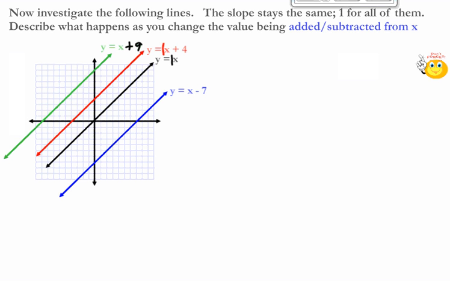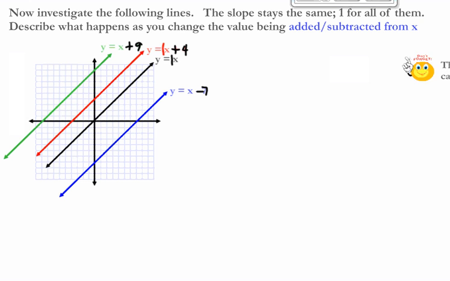I'm adding 9, then I'm adding 4, then I'm subtracting 7. Describe what's happening to your line as you change that value that's being added or subtracted. So you might want to pause the video, think about it for a second, write down something. What are you noticing?